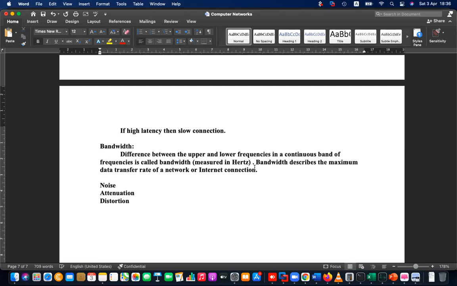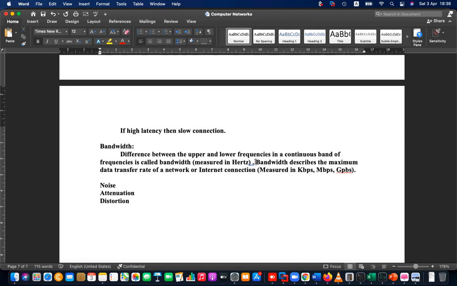And this is measured in kbps, mbps, gbps. So this is how data bandwidth is measured, right?